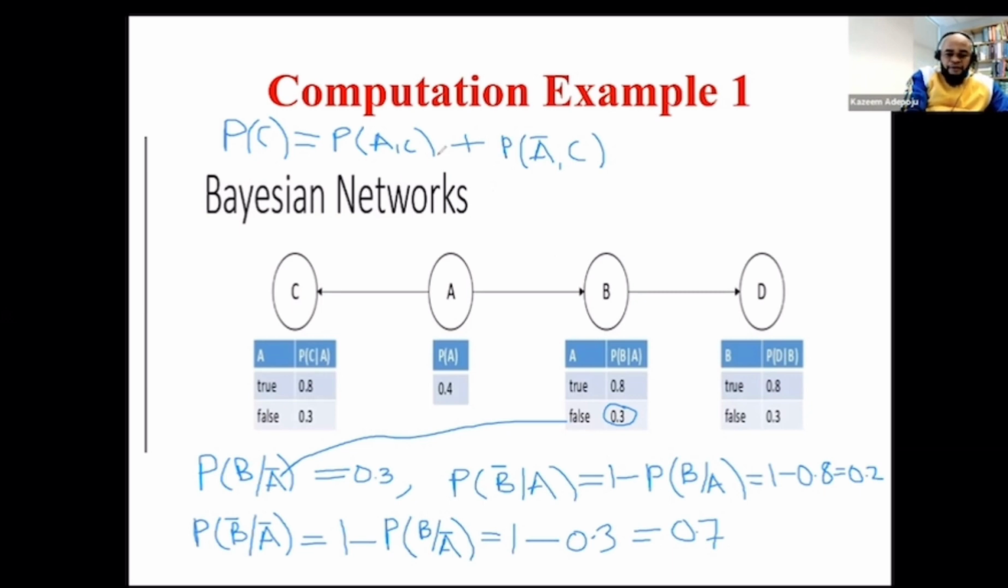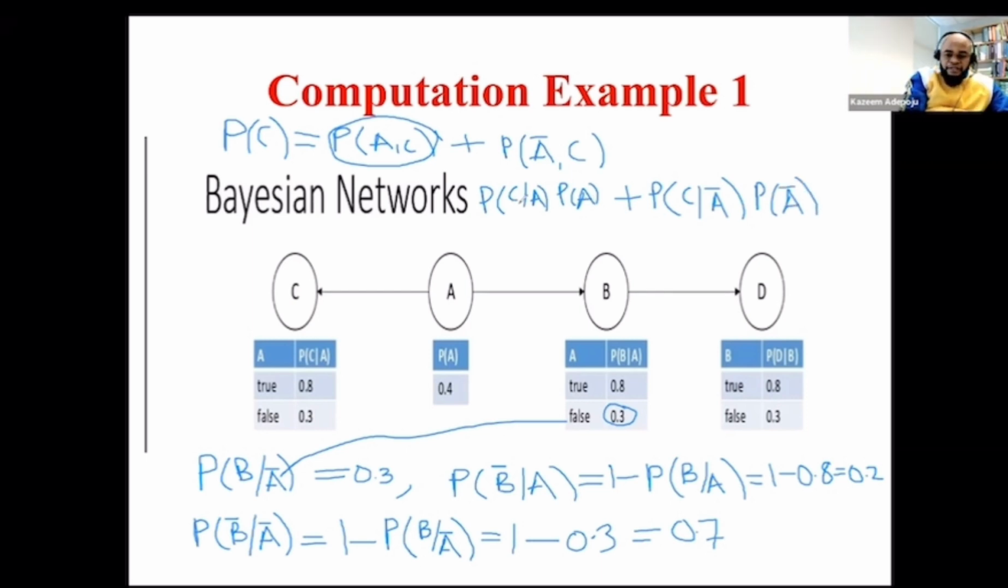Now when you take a look at the probability of the joint, and don't forget, C is conditional on A, you're going to have the probability of C given A multiplied by the probability of A, plus you're going to do the same thing here: the probability of C given A complement multiplied by the probability of A complement.